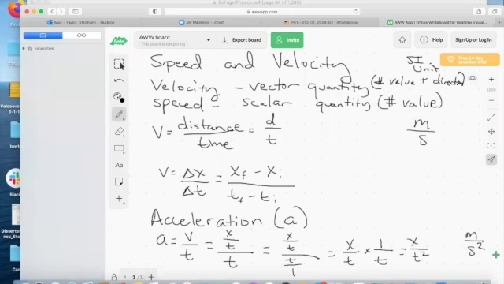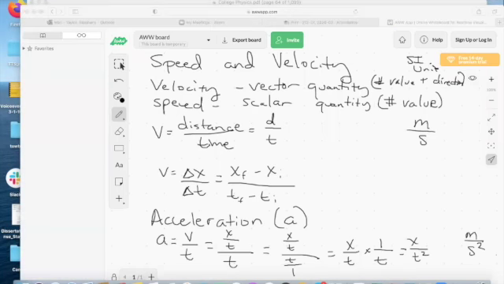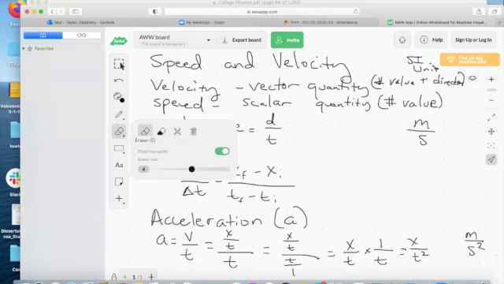Hope that was a little bit better than my first explanation. If you forgot how to divide fractions by fractions, don't be afraid to go back and maybe look at a YouTube video for dividing fractions by fractions, just to refresh your memory, because it's a lot of math.